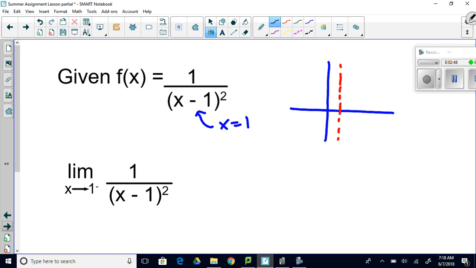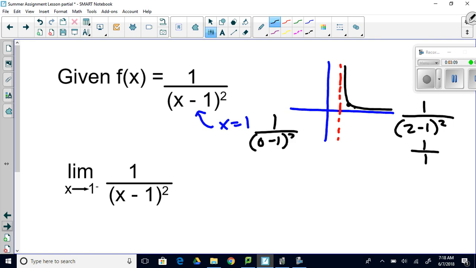If I plug something greater than 1 in, maybe 2, I have 1 over 1, which gives me positive 1. I know 3 would give me 1 over 1/4, so it's definitely getting closer to infinity. Likewise, if I do 0 again, this time 0 minus 1 squared is 1, so I have 1 over 1.